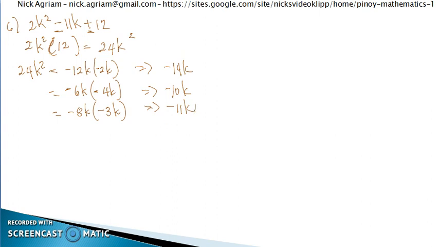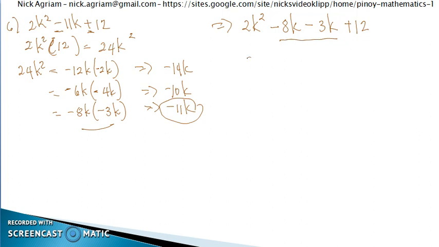As you can see, this factor will give us the second term. When you are finished with that, you put them as a sum of 2 terms, minus 8k minus 3k plus 12. So this is my middle term now.